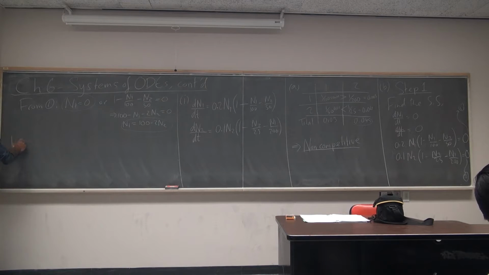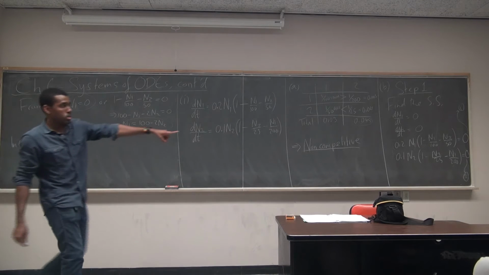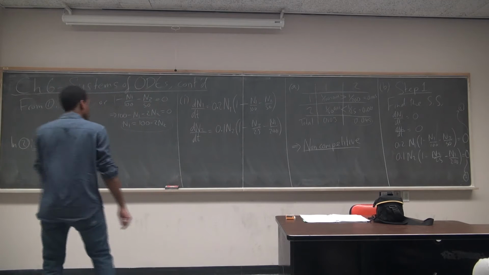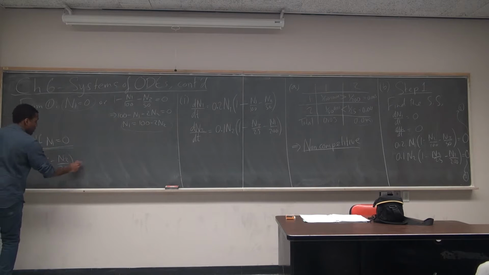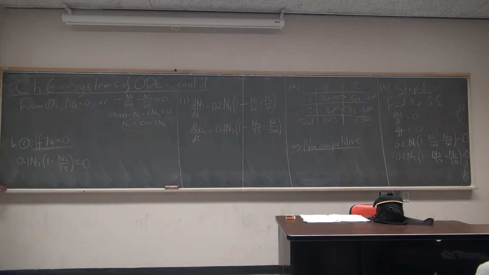So in equation 2, if n1 equals 0, what are the consequences? I'm going to go to equation 2, and I'm going to plug in n1 equals 0. So I'm going to get 0.1 n2 times 1 minus n2 over 25 equals 0, right? So then I would get either n2 equals 0 or n2 would be 25.